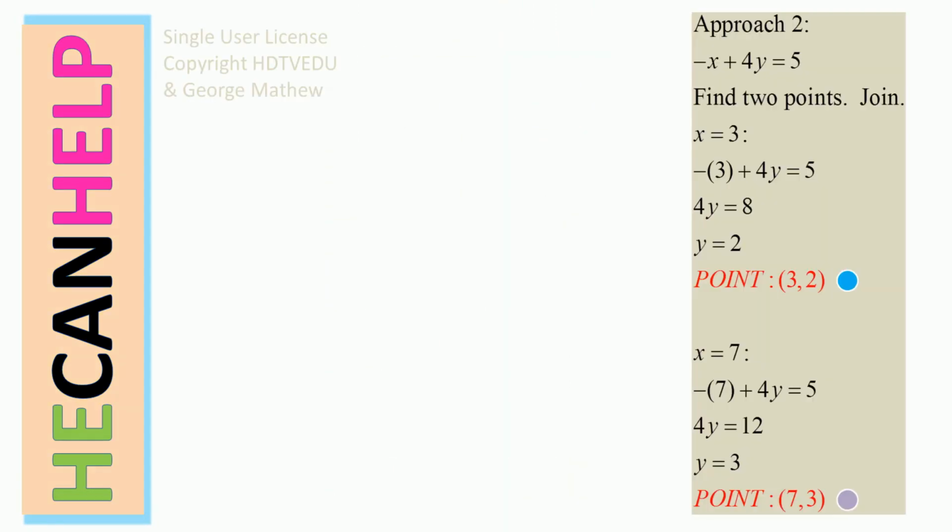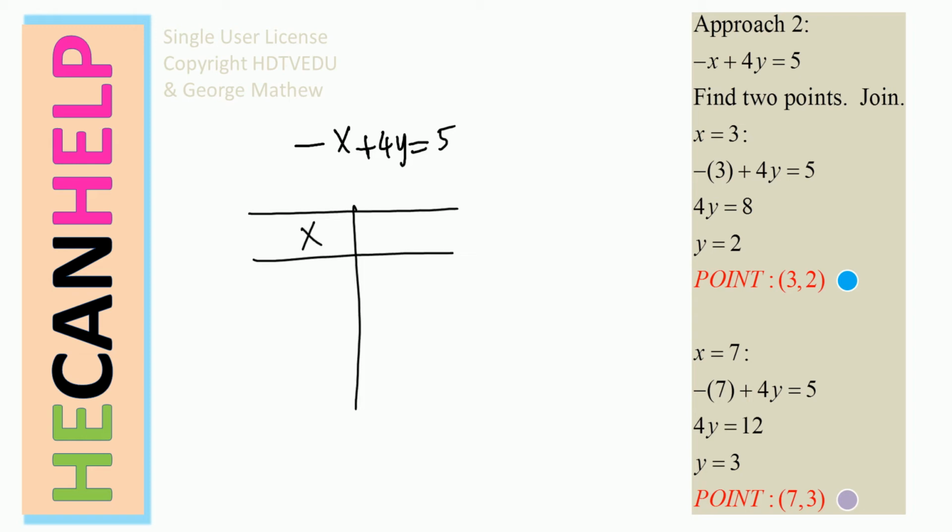All right. What is approach number 2? We start with our equation negative x plus 4y is equal to 5, and then we make a table of x and y. Instead of substituting x each time and finding y, can we rearrange?